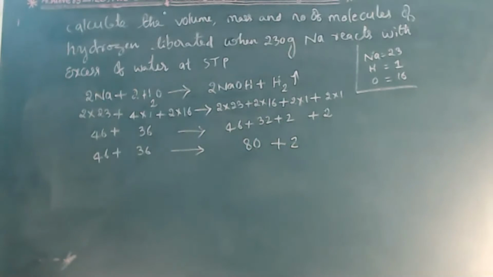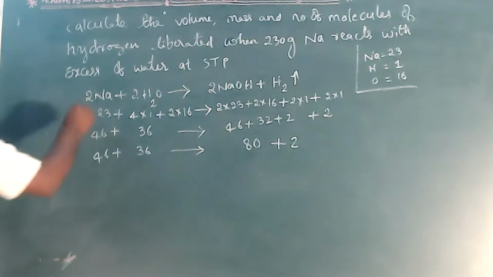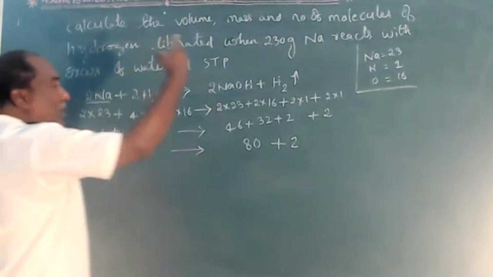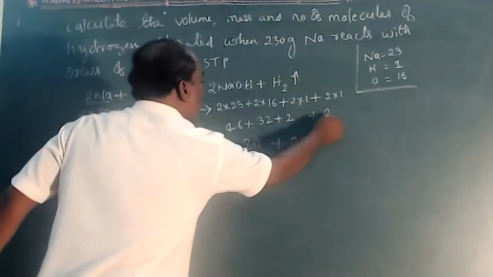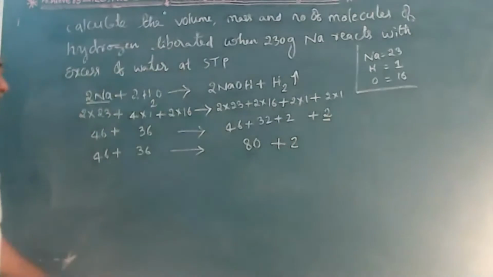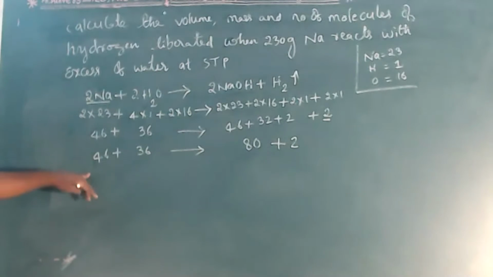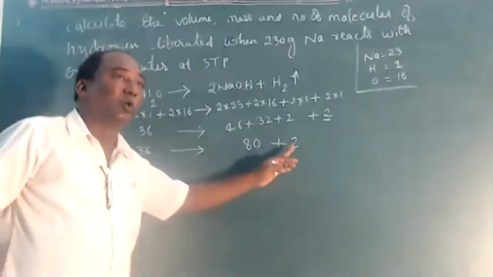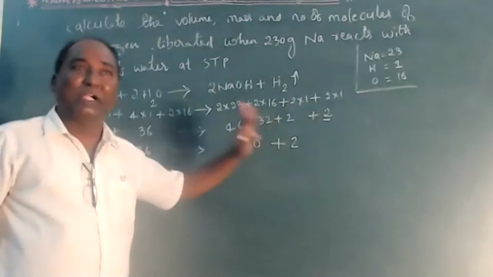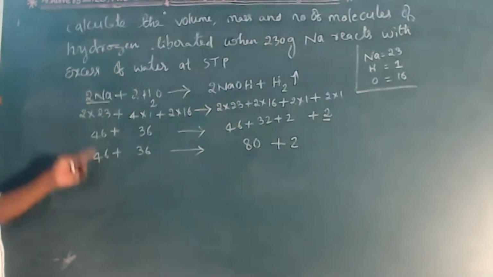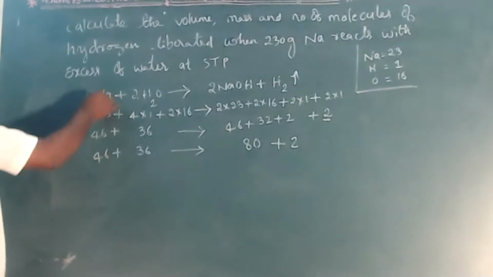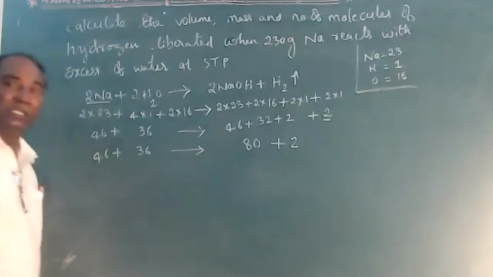According to this question, 46 grams of sodium, how much hydrogen is liberated, children? 2. 46 grams of sodium liberates 2 grams of hydrogen.